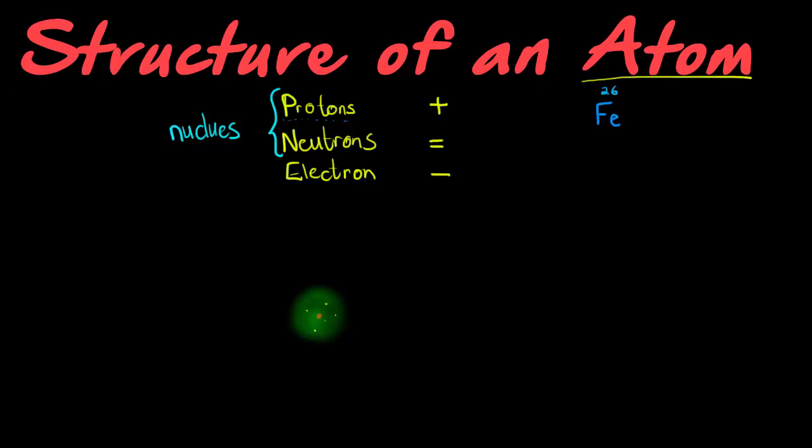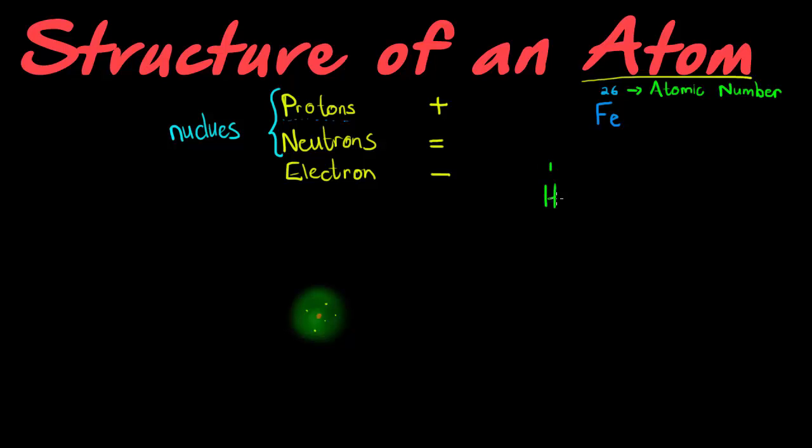Before I actually get there, this number of protons is called the atomic number. On the periodic table, a table where we find all of the elements with their information, they are placed in increasing order of their atomic numbers. So for example, the first one is hydrogen.